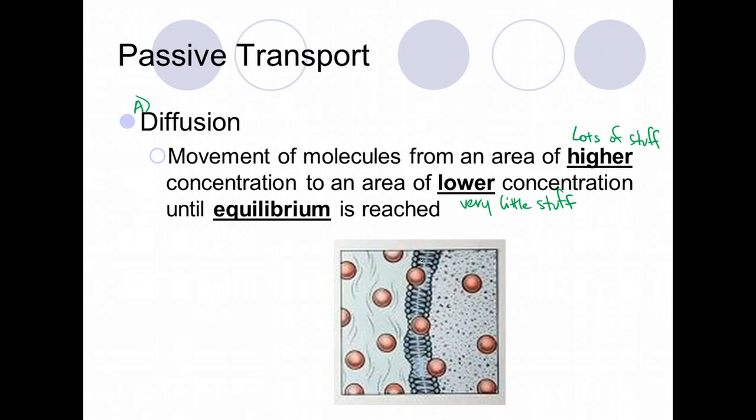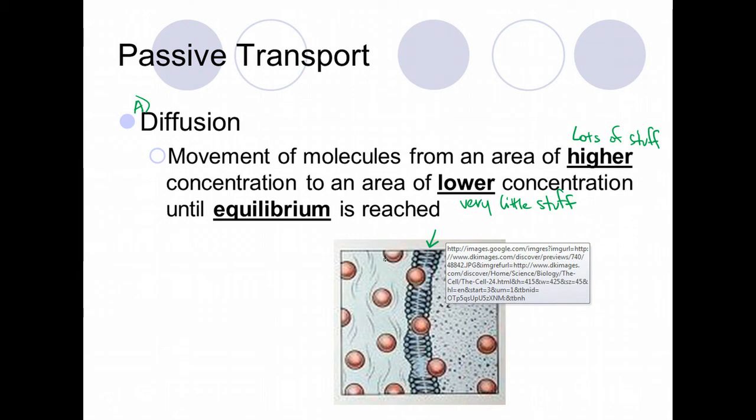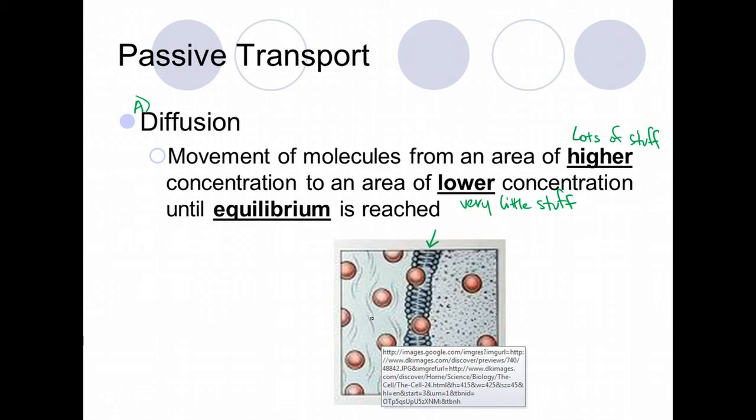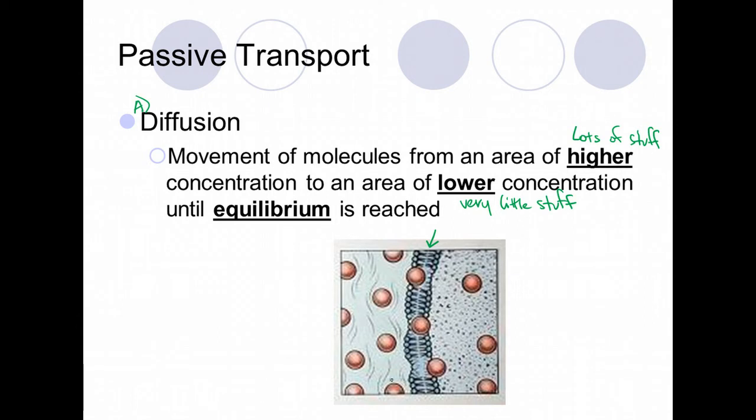So if you look at this picture here, notice that what I'm pointing to now is the cell membrane, and these circles, these spheres, are the molecules, the stuff that we're talking about. And assuming that they can go through the membrane easily, this is a little bit of an over-exaggeration of the size of these molecules, but on the left side, we can see that it's more concentrated.